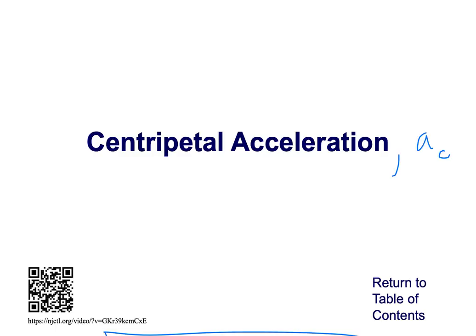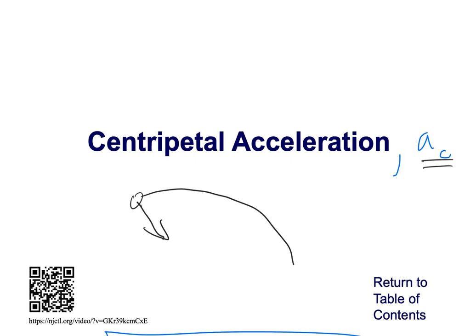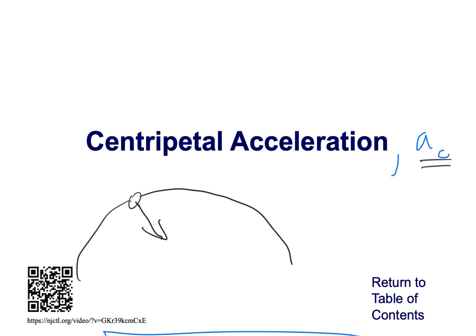Next thing we're going to talk about is this centripetal acceleration. So if an object is going around in a curve, there is a force, like I said in the very first page, there's a force that's keeping it going around. We call that centripetal force. But that's a net force.